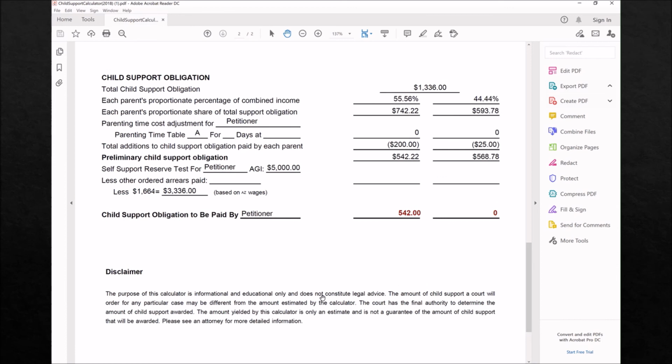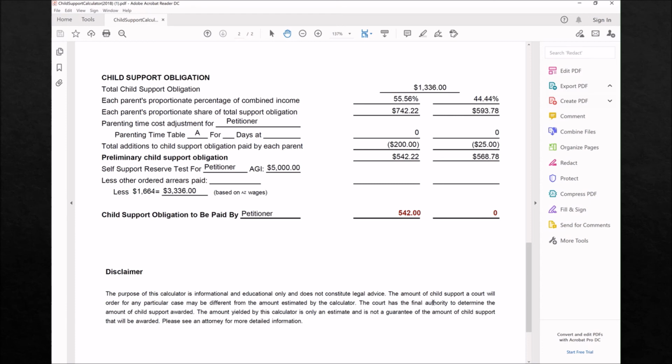And so basically this says this is for educational purposes only and does not constitute legal advice. The amount of child support may be different from the amount estimated. Of course, the court has final authority. So this is something you are preparing to attach to your papers and present to your judge, and the judge will then decide whether what you entered here is accurate and should be ordered.